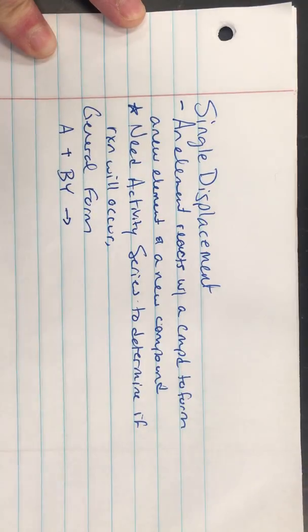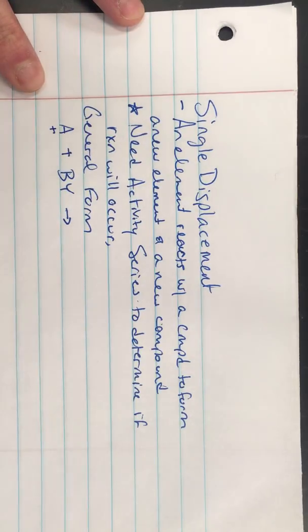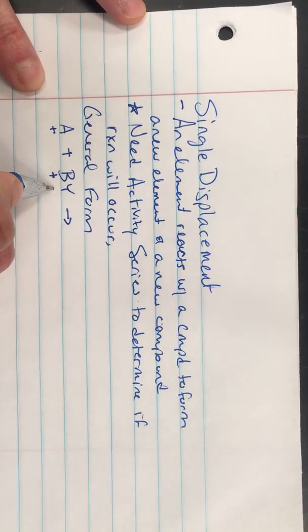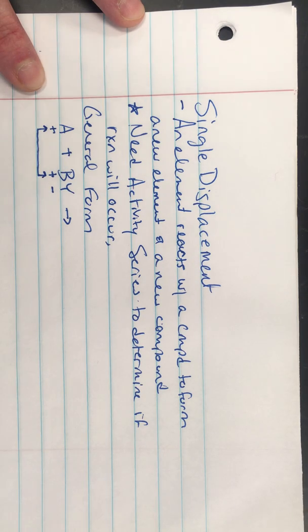For this example, I am going to make this a cation, and if you look at my compound, hopefully you can tell that this is a cation and that will be my anion. This is important because in a single displacement reaction, the like charged ions are what could be switching. Could, okay? It's all dependent upon the activity series.